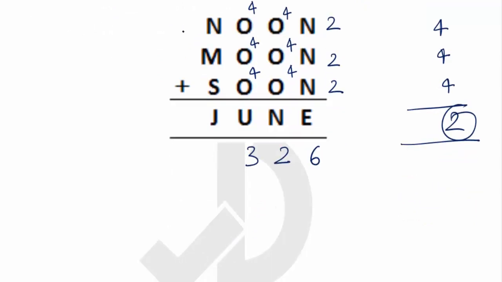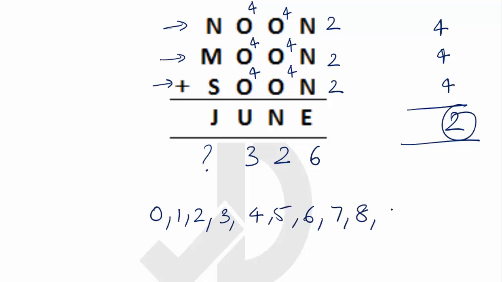Now we have to guess the values of N, M, S so as to make it J. Let's go to basics once again. Out of all these 10 digits, 0 to 9, we have used so far 2, 3, 6 and 4.